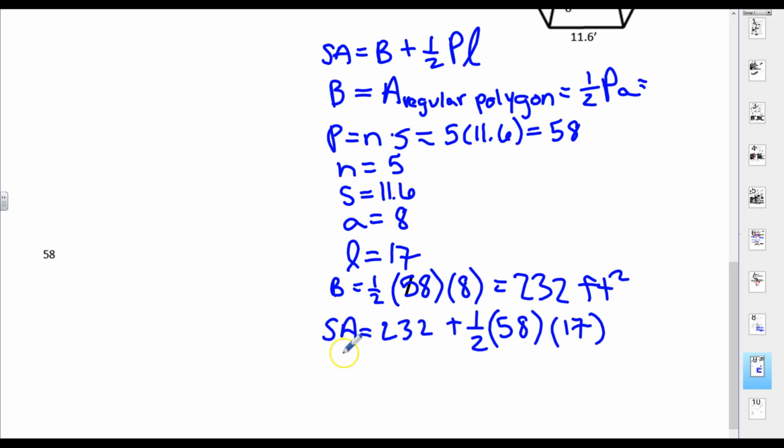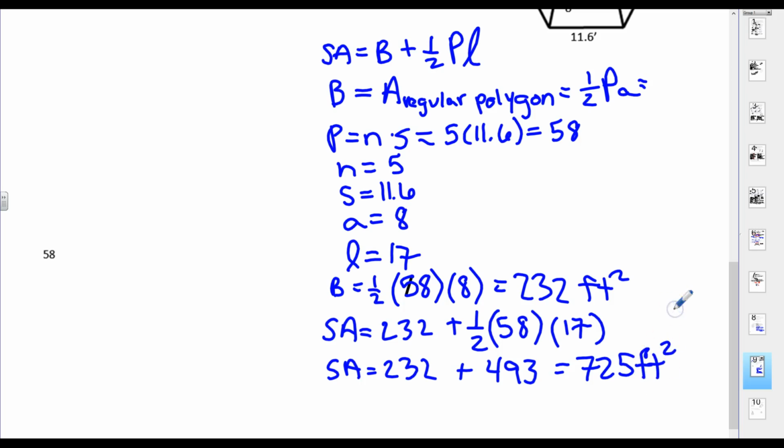And that works out to surface area equals 232 plus 493, which equals 725 feet squared. And again, guys, if I were asking you for the lateral area, that 493 is the lateral area, whereas this right here is your base area. So you might have a question that asks you for one or the other, and that's where you pick them out.